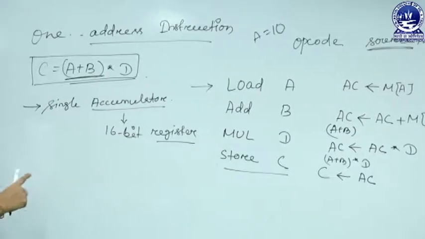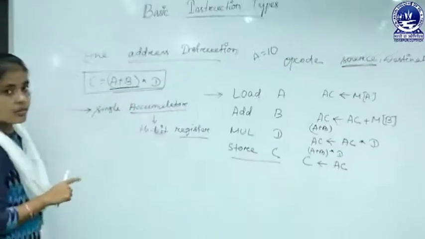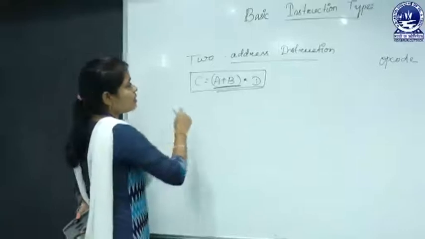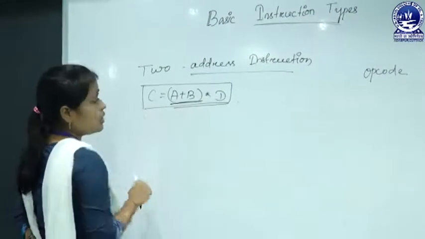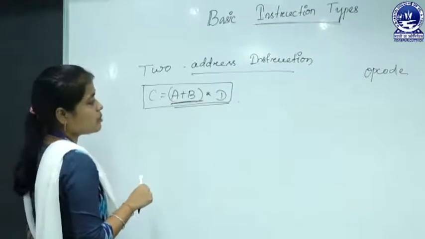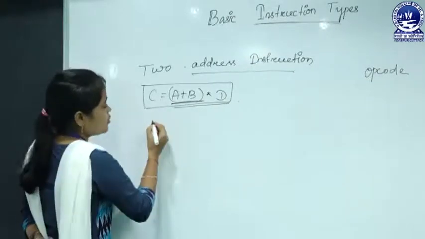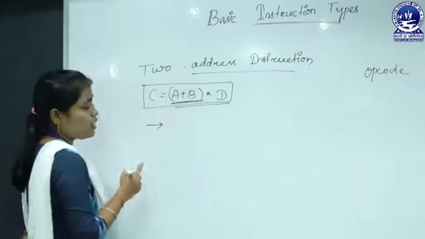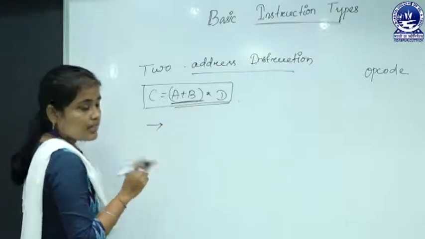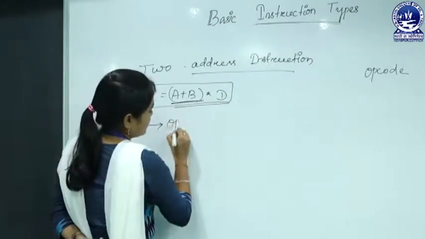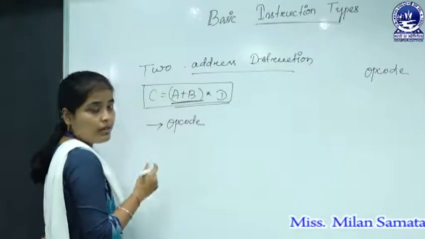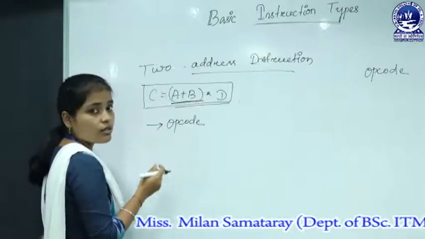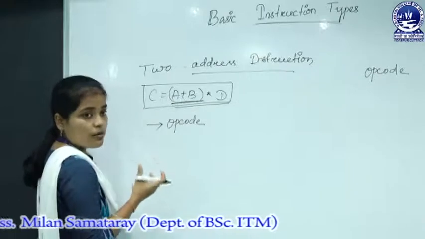Let us see the two address instruction format for this instruction, C equals A plus B into D. In the two address instruction format, we have to follow a syntax. First we have to write the operational code, that means whether you have to do the addition operation, subtraction operation or move operation, anything.